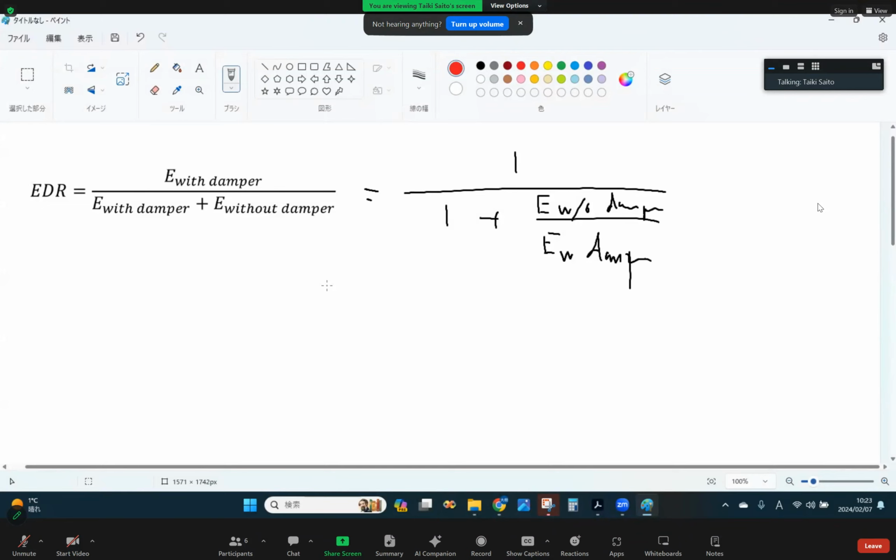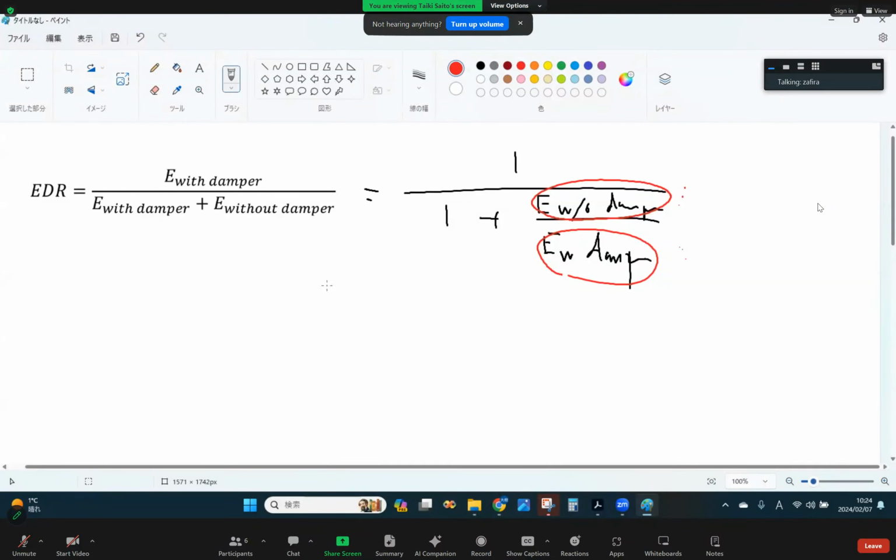So the difference depends on the ratio of these two values. So in case of high friction percentage, energy with damper, without damper, maybe the difference is not so big.